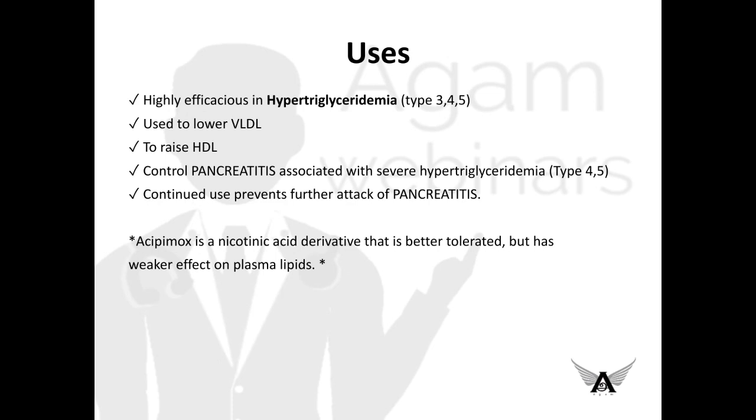For niacin, it is specifically used to control pancreatitis associated with hypertriglyceridemia. Is there any derivative of niacin? Yes, acipimox. It is better tolerated, but it has a weaker effect on plasma lipids. Just know the name, acipimox. So these are the uses.